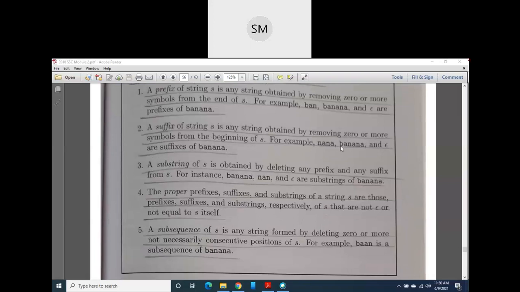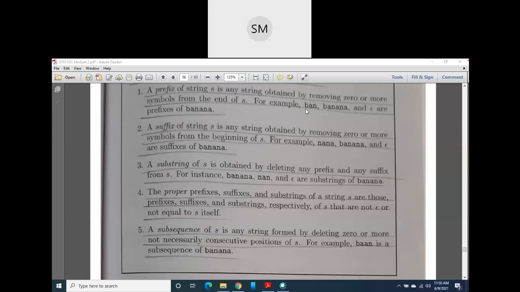And here you have not deleted anything at the beginning, so the entire banana string is also considered a suffix. And epsilon: if you delete all the characters from the beginning, nothing will remain, so the empty string also belongs to the suffixes.